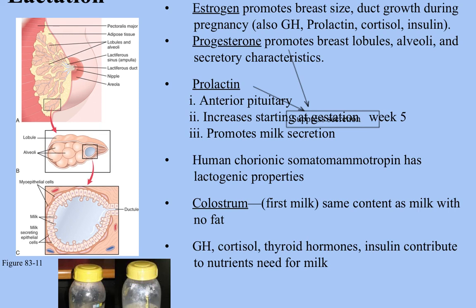They don't stop prolactin secretion, but they slow it down enough so that when the baby's born and estrogen and progesterone levels drop, you start to secrete more prolactin, which then promotes milk secretion, and then you can actually breastfeed the child.